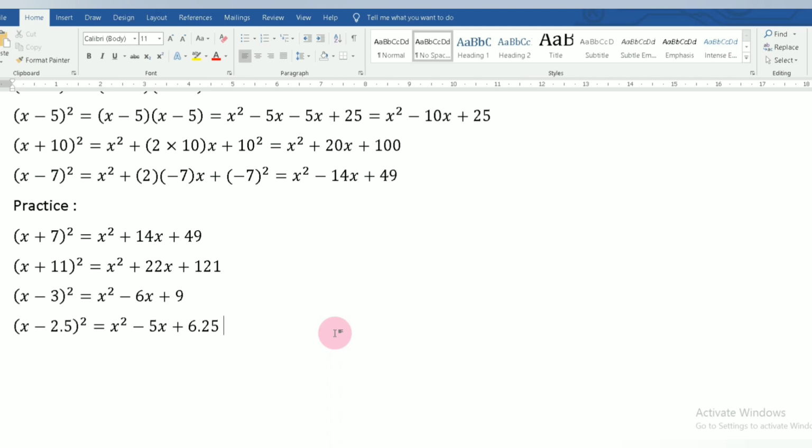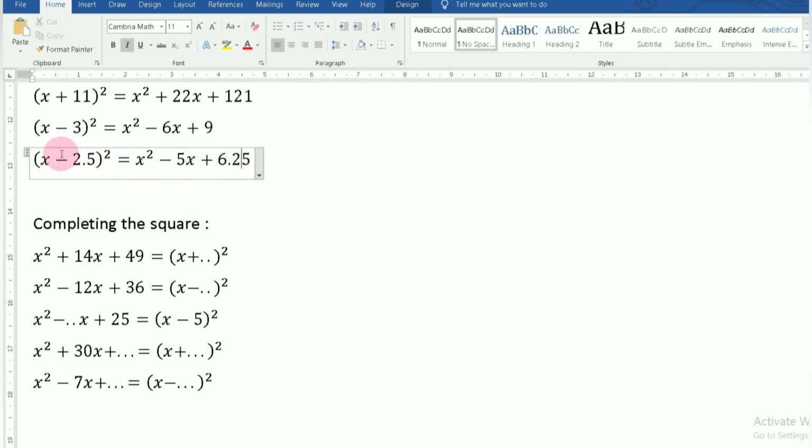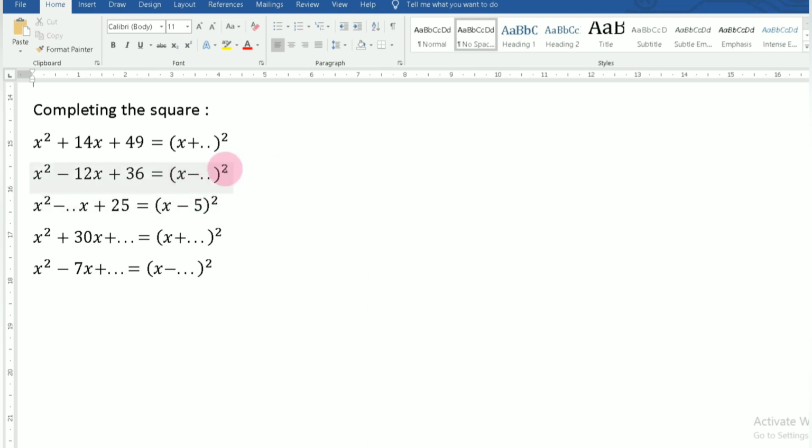The next one is how we do the opposite, vice versa, which is completing the square. It is exactly the opposite of this. Before, we squared x minus 2.5 and got this result. Now we do the opposite. For example, if I give you this, my objective is to factor it into a square. It is completing the square.